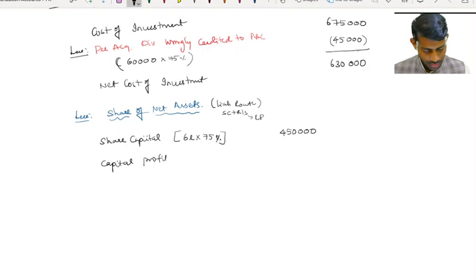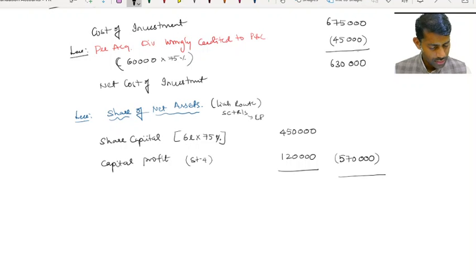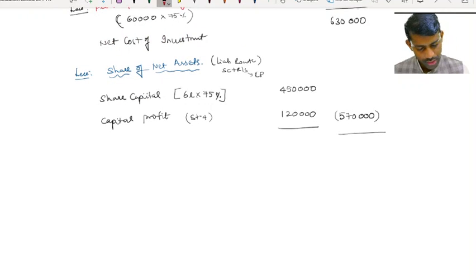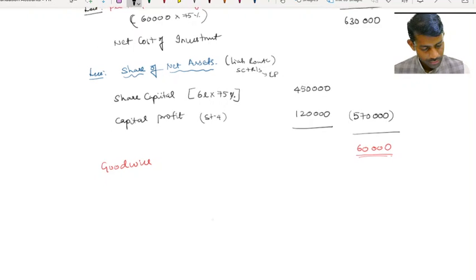Capital profit as per step number 4 is 1,20,000, correct? So net 5,70,000. Here still a shortfall is there, therefore it is termed goodwill: goodwill 60,000.